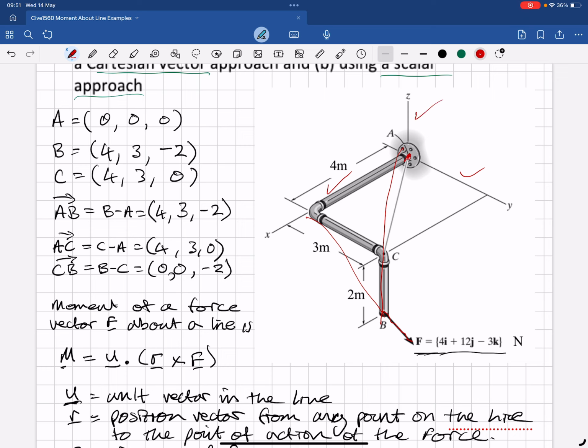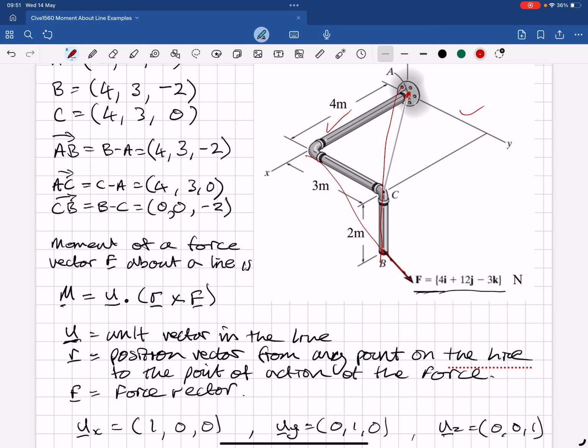So we're going to use point A for each of the three calculations. So this R vector, R is equal to the AB vector. It's this AB vector.